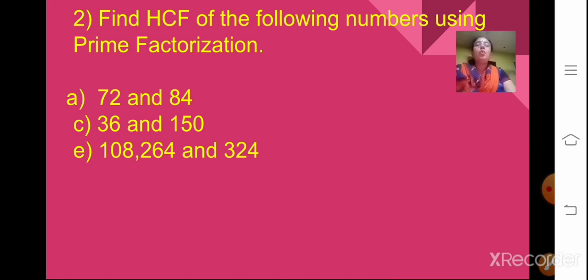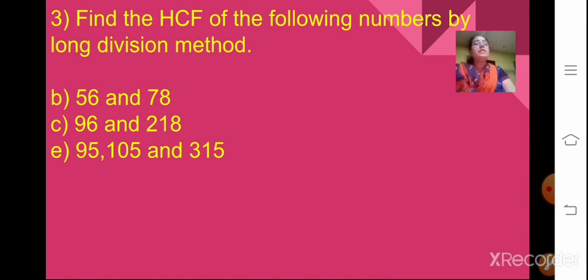Today we did two methods of finding HCF, that is the prime factorization method, and the second one was the long division method. So this sum is based on the prime factorization method. And the third question is, you have to find the HCF of the following numbers by long division method.